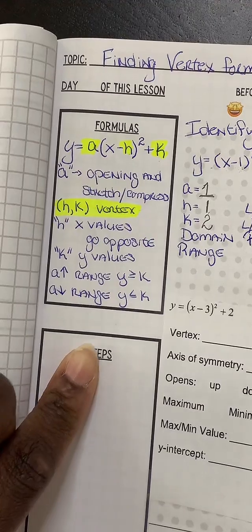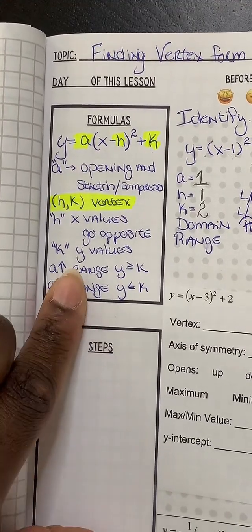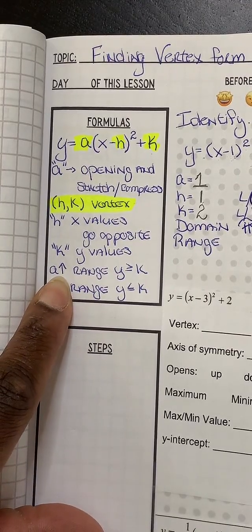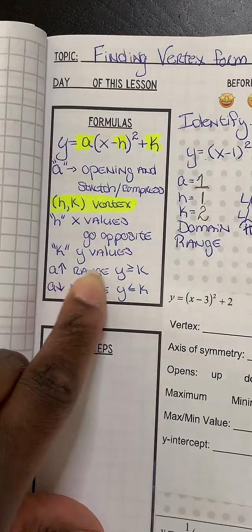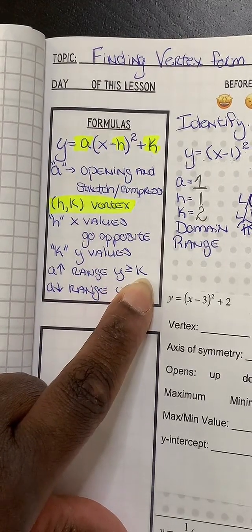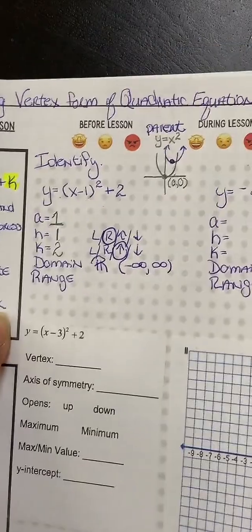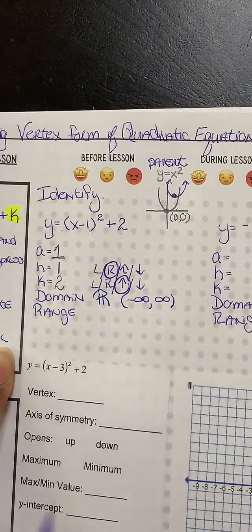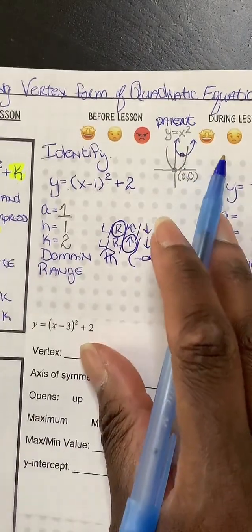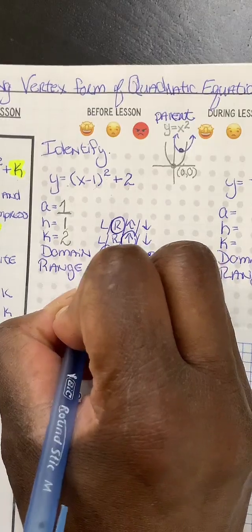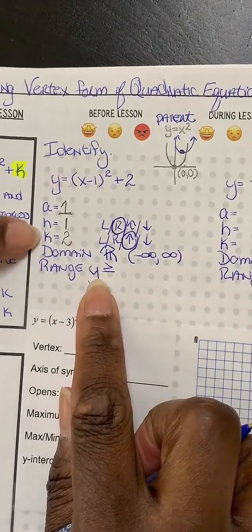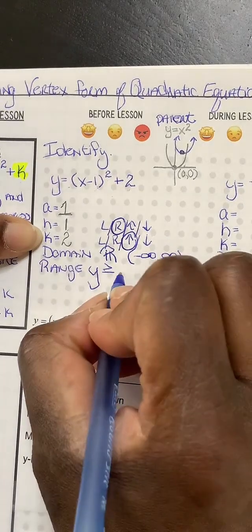Not a problem. So if we take a look down here, we're saying if my A, or the graph is opening up, that means my range is going to be greater than or equal to whatever my K value is. All right, so let's take a look. It's positive, it's opening up like a cup, so that means my range is going to be Y is greater than or equal to, and my K value is going to be 2.